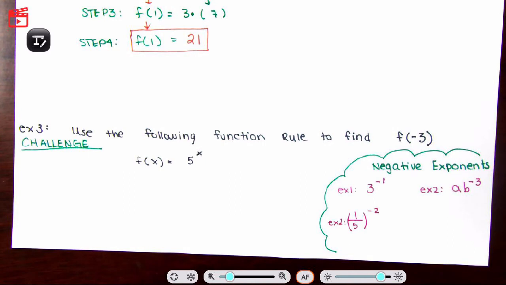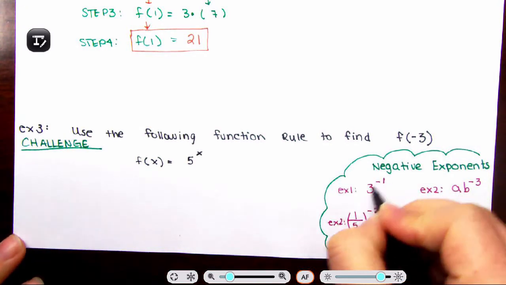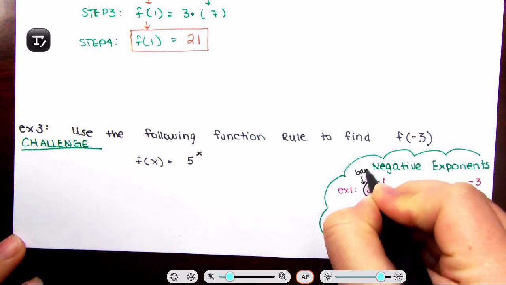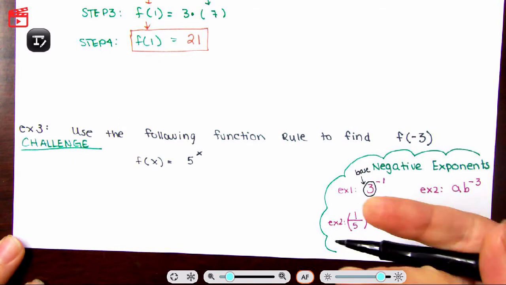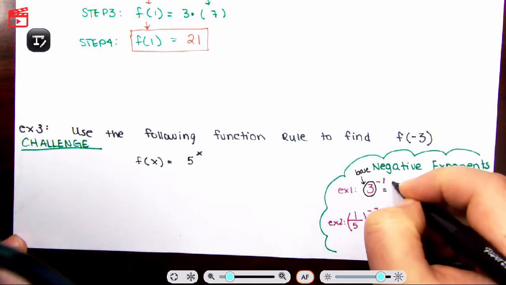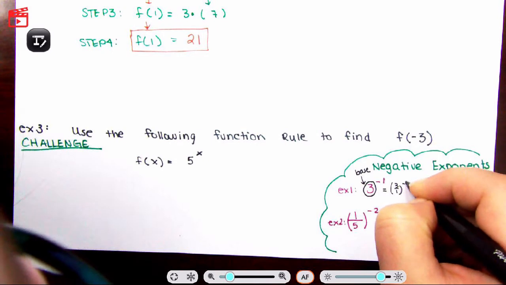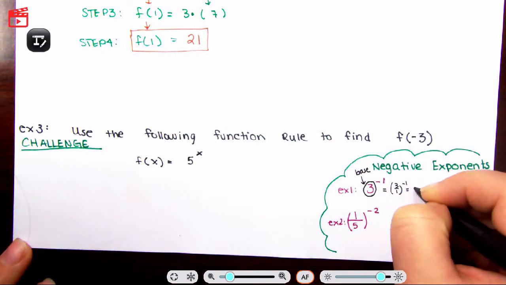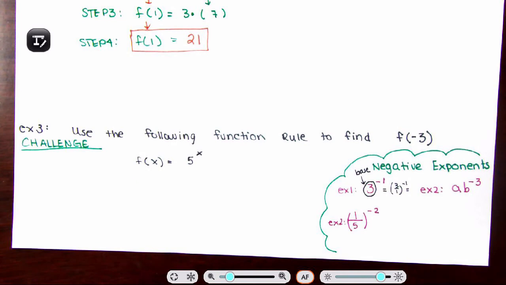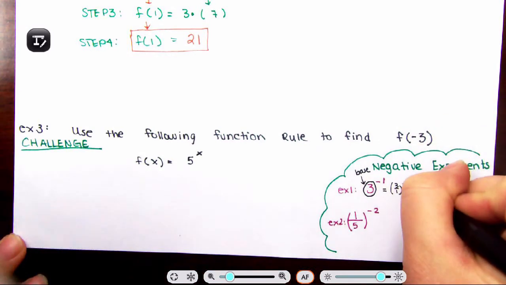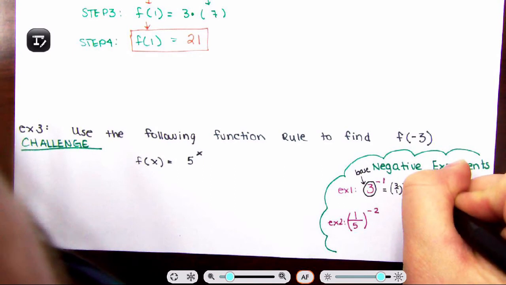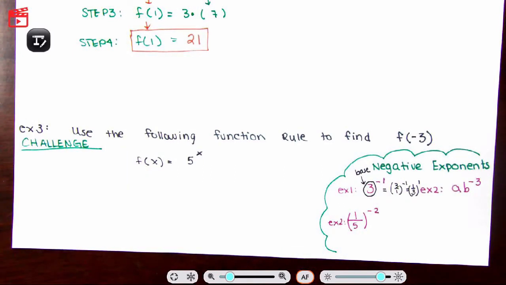Okay, let's do these 3 examples real quick. What happens is you're going to create a fraction and flip it. So here is my base. Here is my exponent. I'm going to flip the base and keep the number. But once I flip it, the negative goes away. So in this case, I have 1/3 to the first power. And that's a little tight, so let me zoom in so that you guys can see it better.